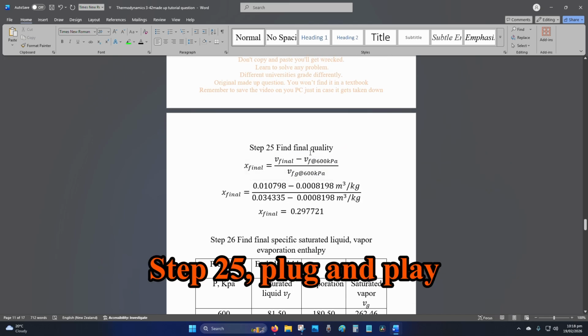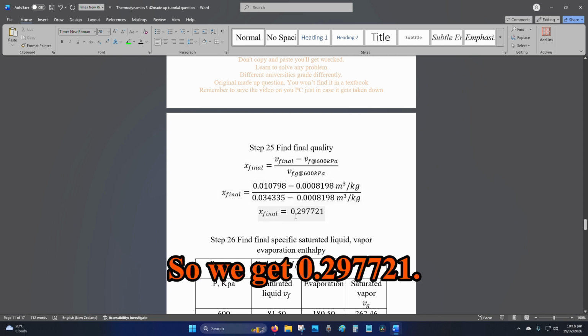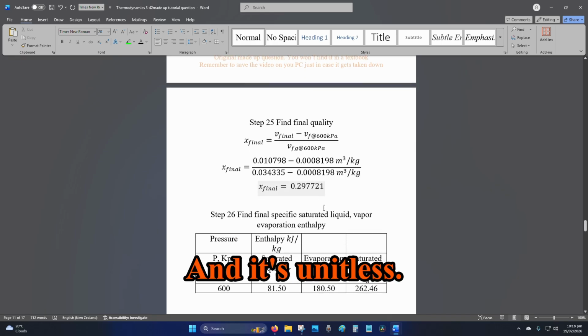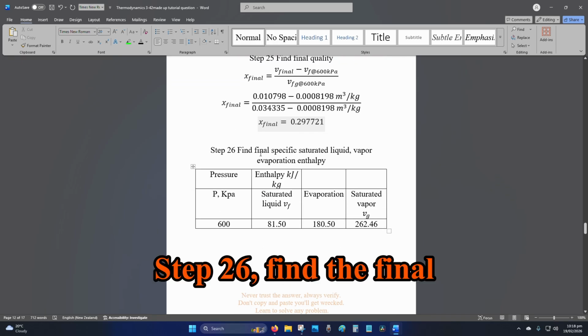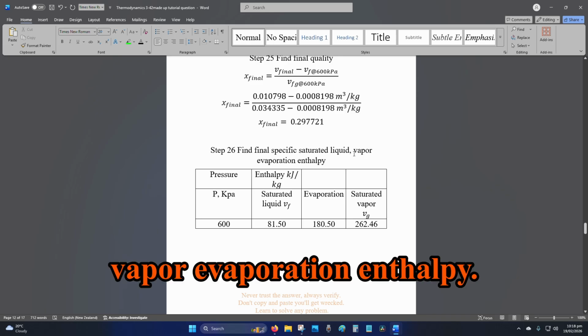Step 25, plug and play for the final quality. So we get 0.297721, and it's unitless. Step 26, find the final specific saturated liquid, vapor, evaporation enthalpy.